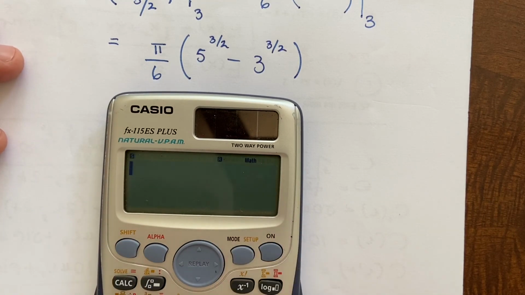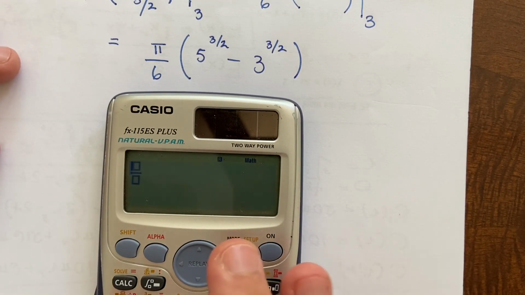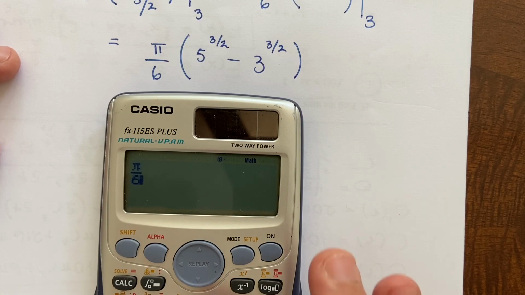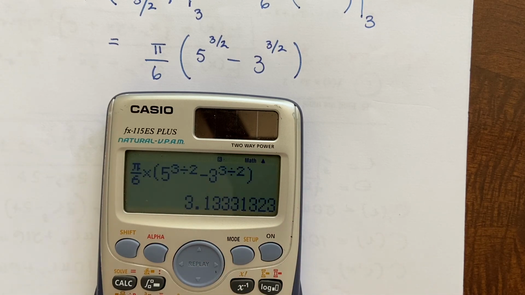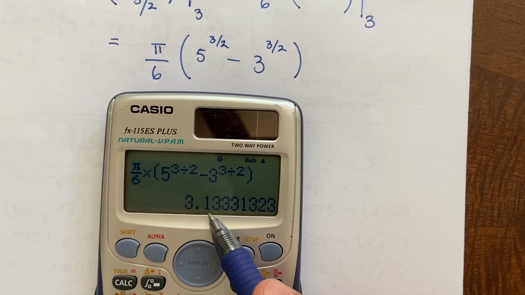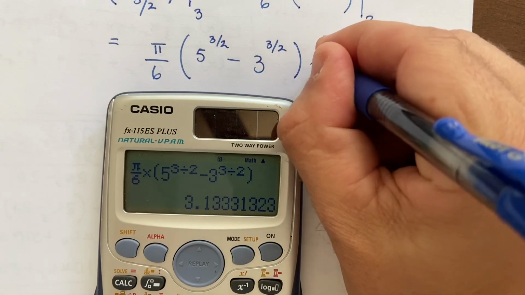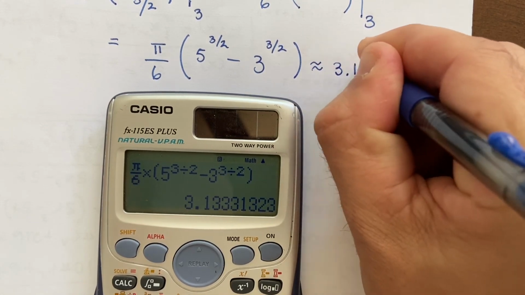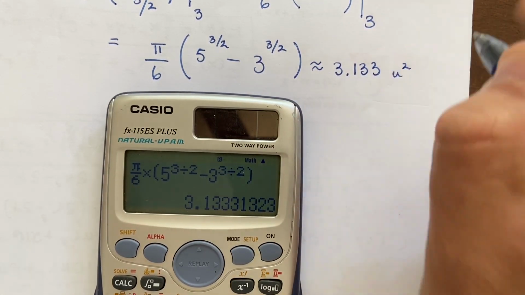But let's go ahead and approximate it. Okay, so to 3 decimal places, we're going to get a 3.133. That would be square units.